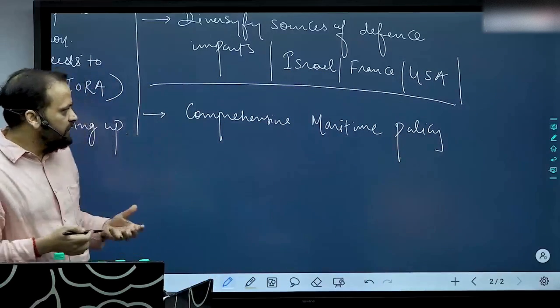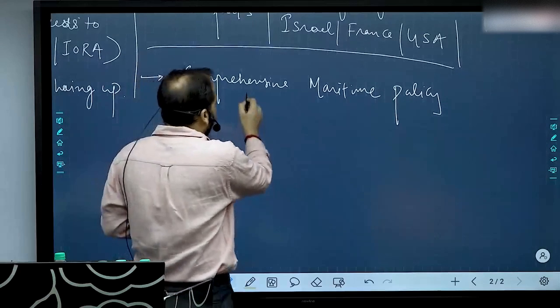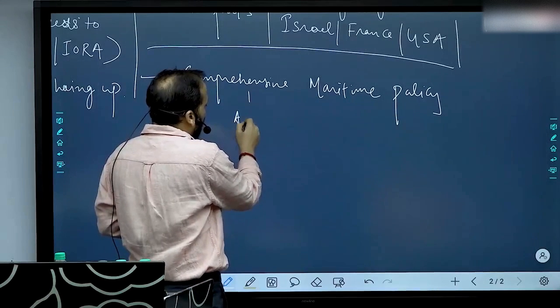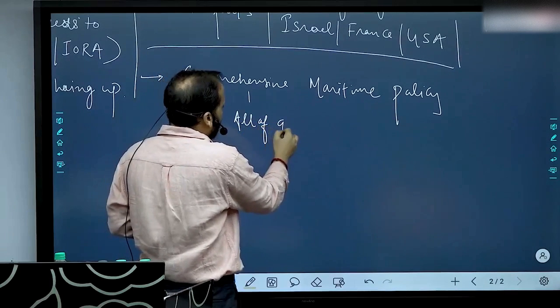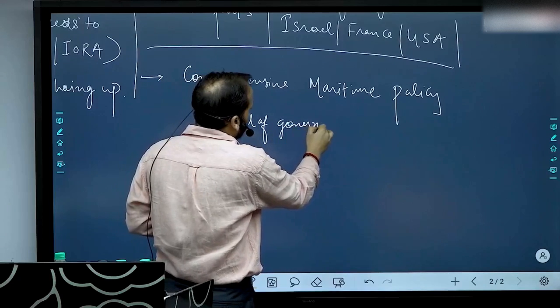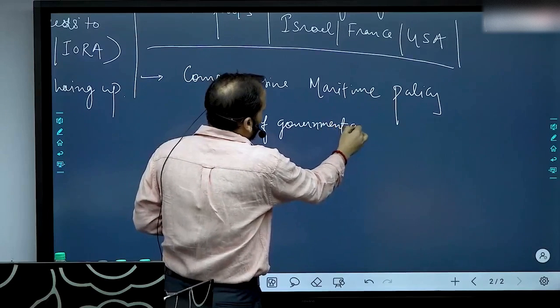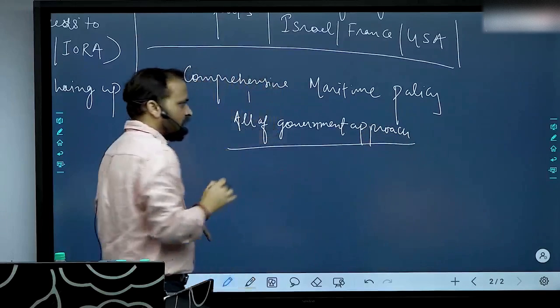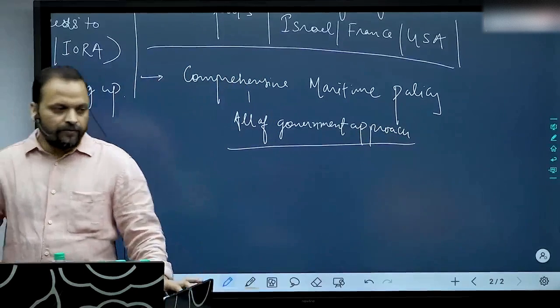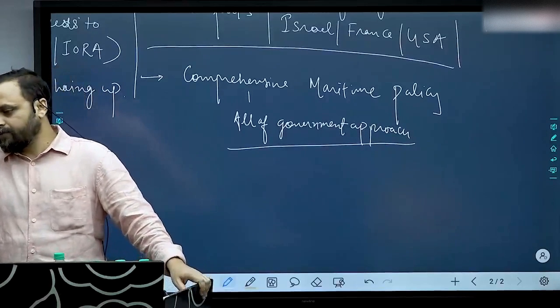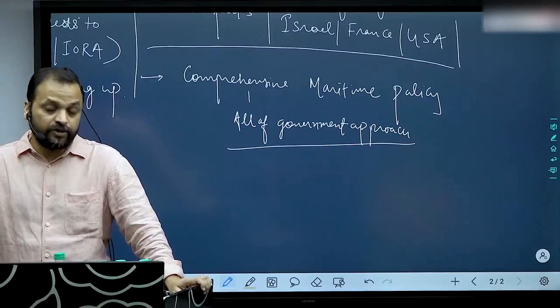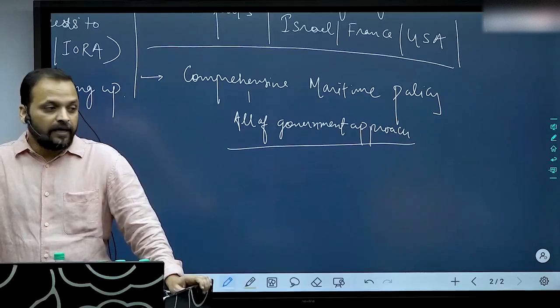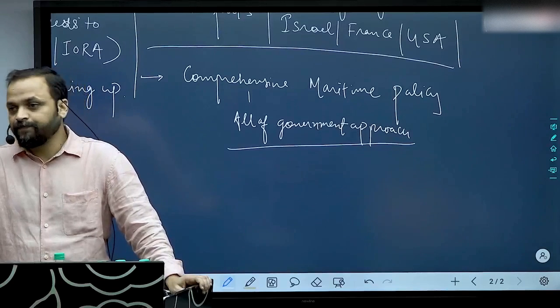We generally nowadays say that this requires an all-of-government approach, meaning a policy that has input and stakes from the Ministry of External Affairs, Ministry of Defense, Ministry of Finance, Ministry of Shipping more importantly, and also coastal states, all right?